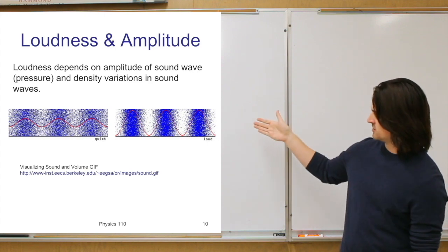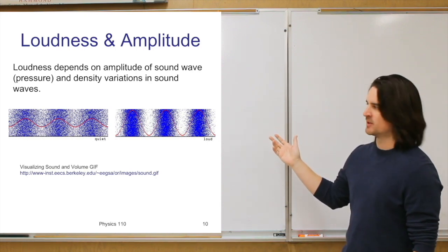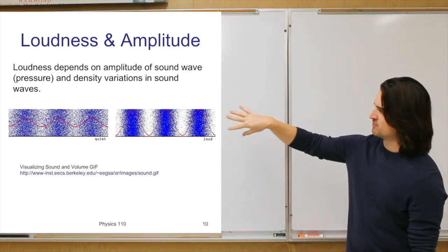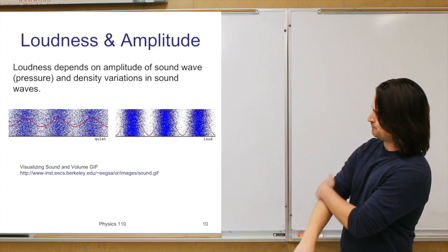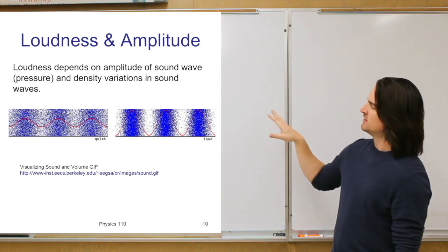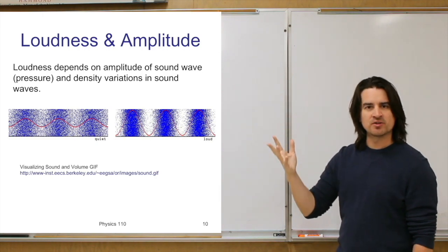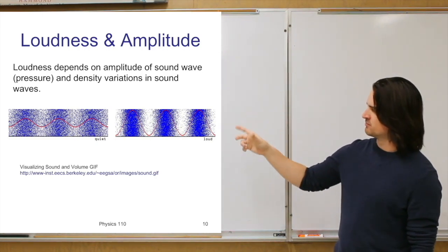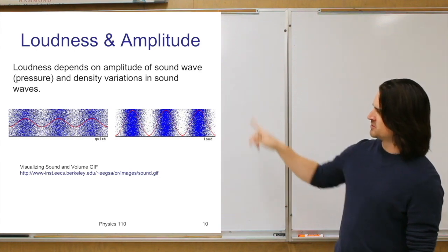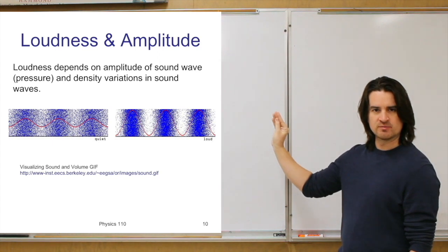For these diagrams, we have two different sound waves. You can imagine those compression areas traveling from left to right. If the blue dots are the air molecules, then on the left side, the compression regions have a higher pressure, with more air molecules together.